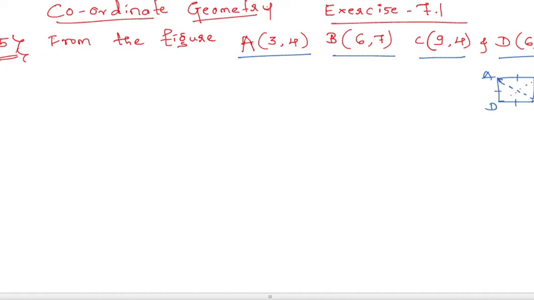So, consider 2 points, A (3, 4) and B (6, 7). Now, it is x1, y1, x2, y2. Using the distance formula, AB is equal to what?